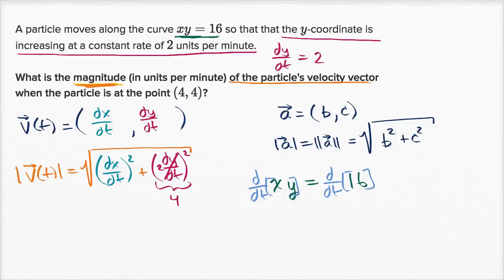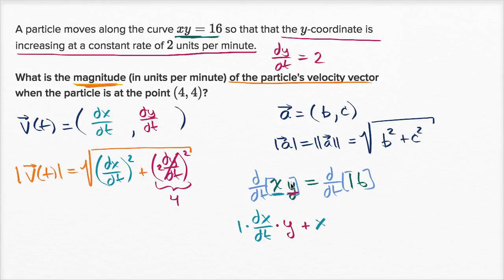This is going to be the derivative of the first function, the derivative of x with respect to x is 1, times the derivative of x with respect to t, remember, we're taking the derivative with respect to t, times the second function, y, plus the first function, x, times the derivative of the second function with respect to t.